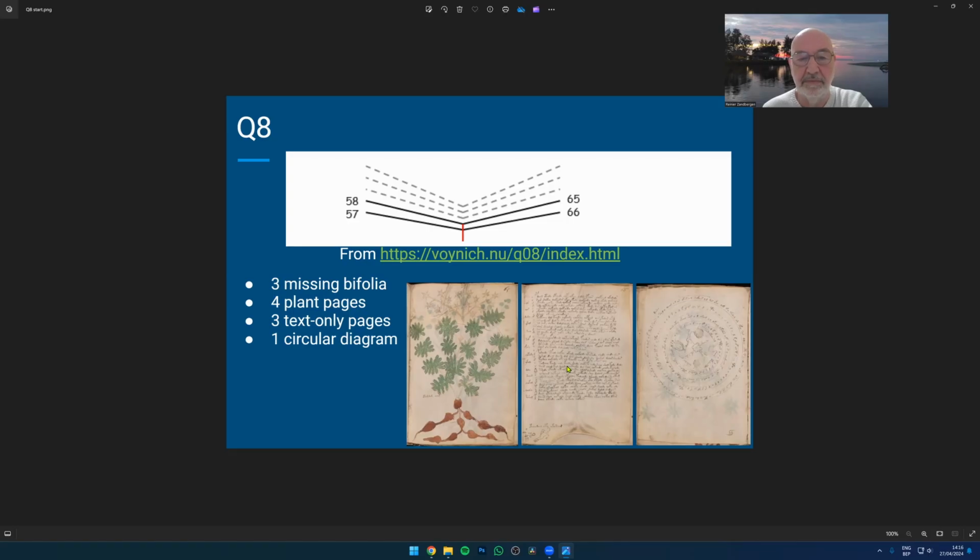Now, as in the video that we recorded already with Lisa, Michelle, David, and Lars, we focused on the plant images in those bifolia.